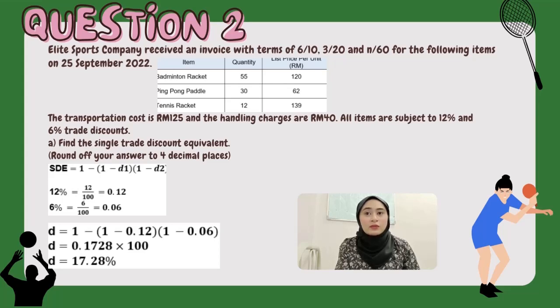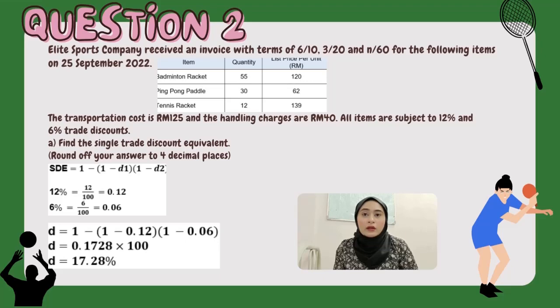Question 2. Elite Sports Company received an invoice with terms of 6/10, 3/20, n/60 for the following items on 25 September 2022. Item badminton racket: the quantity is 55 and the price per unit is RM 120.